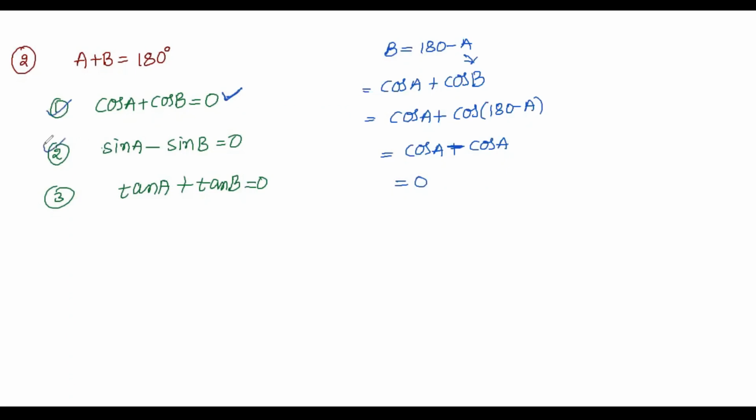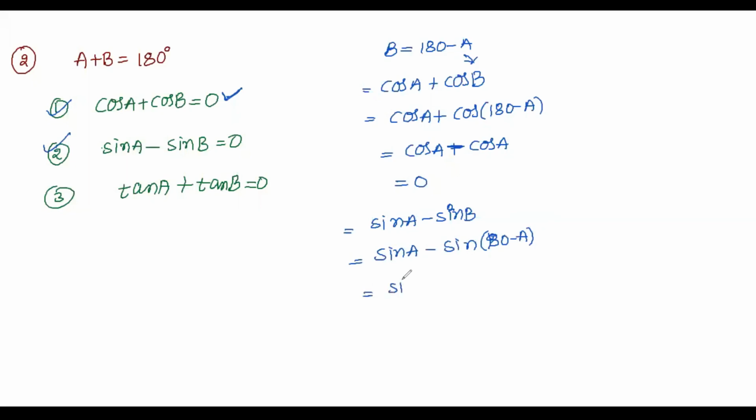Similarly, the second one is what? Sin a minus sin b. Sin a as it is minus sin b. Instead of b, we are going to write 180 minus a.